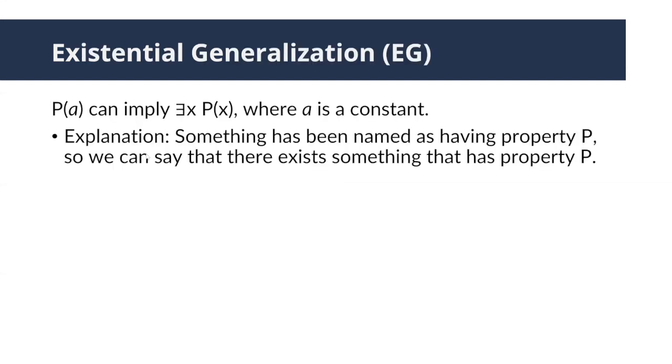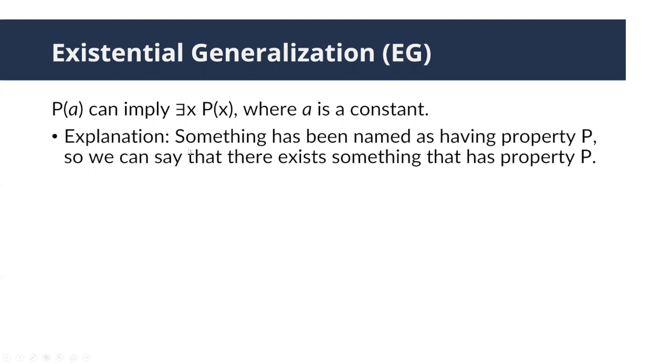Last rule, existential generalization. This rule says if PA is true, we can imply there exists x, Px, where A is a constant element in the domain.